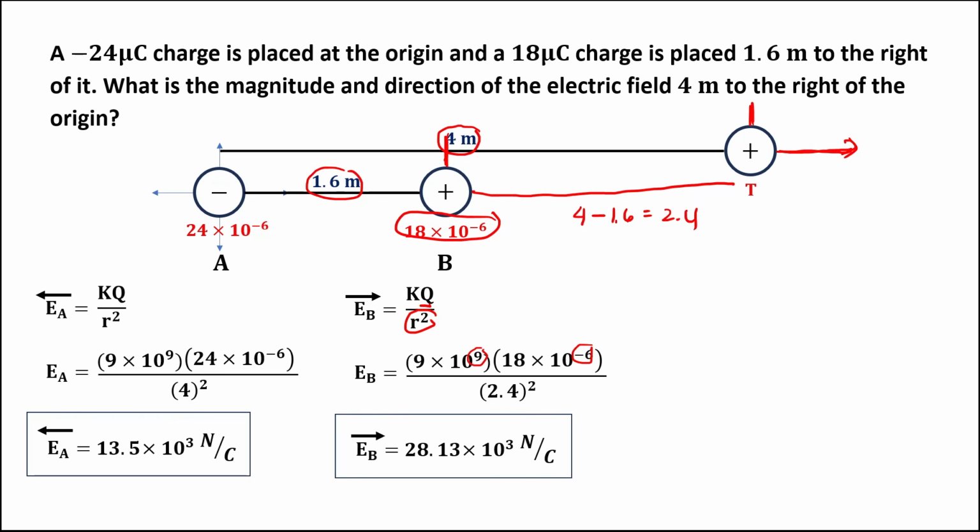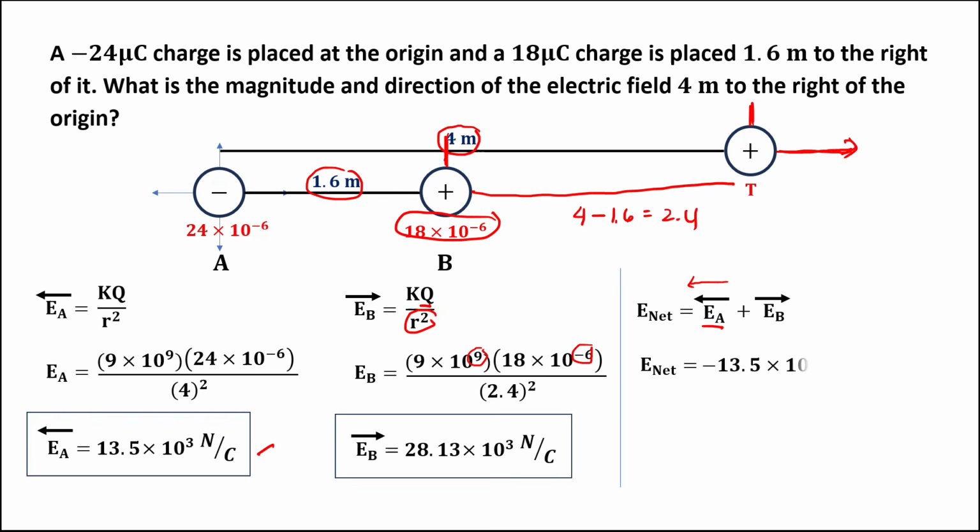Since we now have the values for A and B, we can find the net electric field by adding these two electric fields. To find the net electric field, observe that for charge A, the direction is to the left, so this electric field becomes negative.